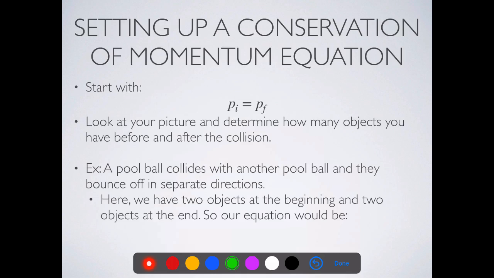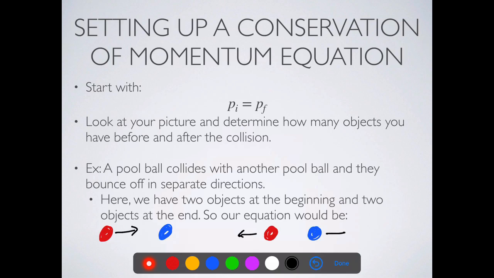So in this scenario, you have one ball moving towards another ball, and then after the collision you still have the two separate pool balls, and they're just moving in opposite directions. All right, two objects at the beginning, two objects at the end.